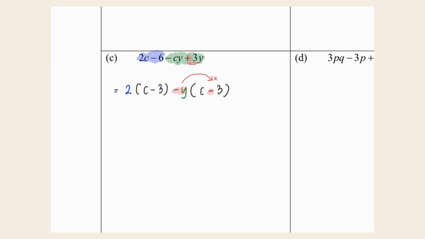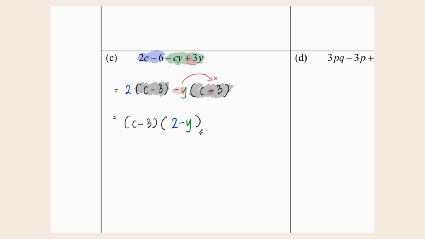Okay? So that is the reason why I write c minus 3. And from here, c minus 3, this whole bracket will be my common factor. And I'm left with 2 and negative y.